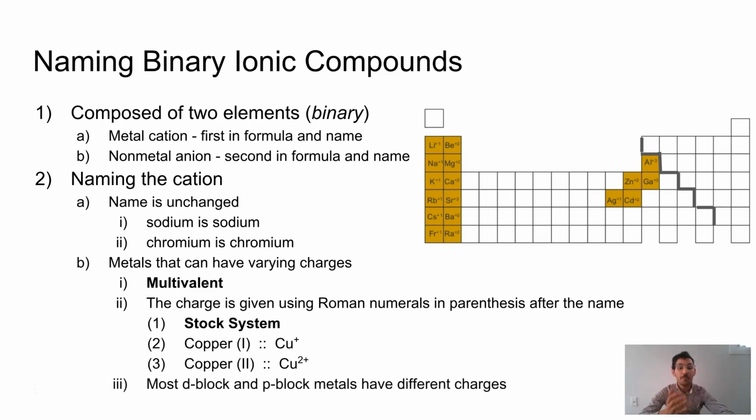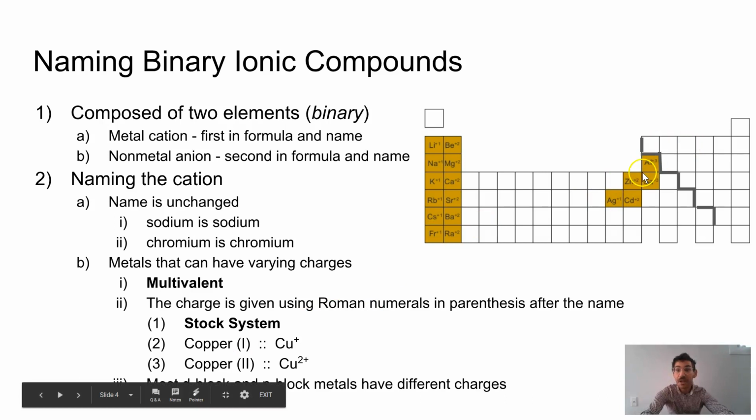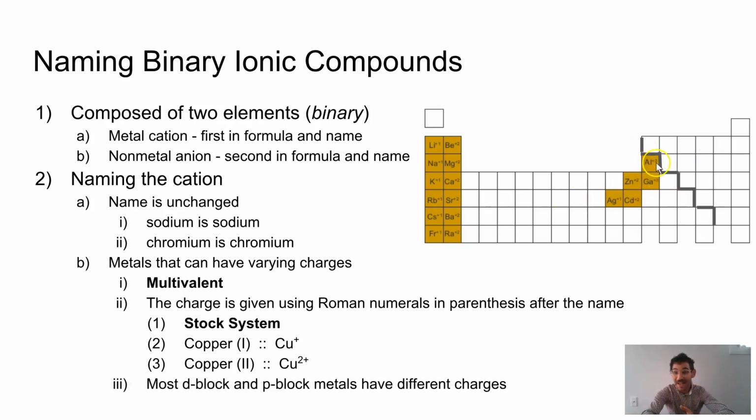Cool stuff. Most of the D block and P block metals have different charges, as we can see. Aside from these 5 fellows here, they're the only 5 that have fixed charges. Otherwise, everything below this thing we call the stair step in white is multivalent. And so, as I said, there are these 5 exceptions in the D and P block.